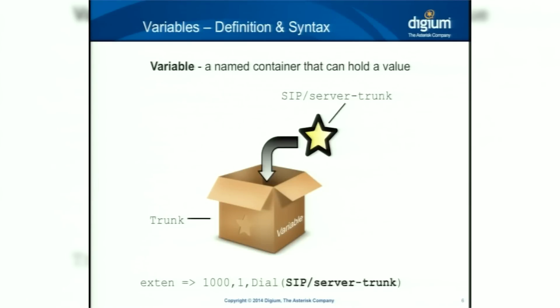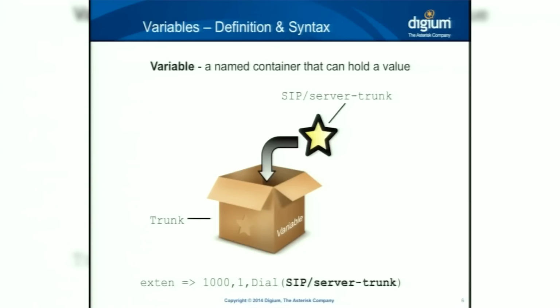The variable is like the box, and you put the value, sip/server-trunk, which is just a string of characters, inside the variable trunk. So when we dial 1000, we've hard-coded dial technology/server trunk. I could define that as the trunk variable and now dereference trunk within my dial plan this way.